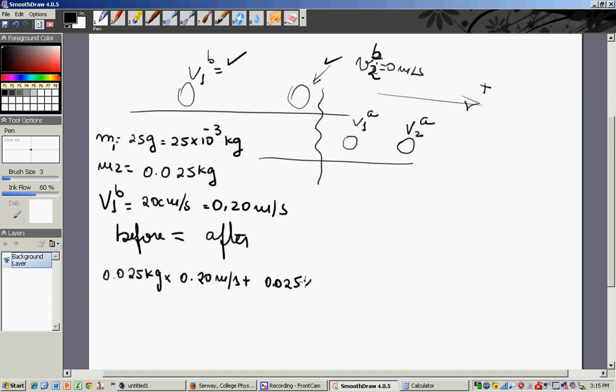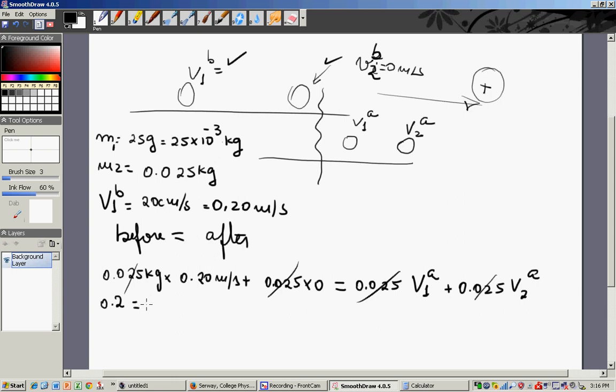This is equal to m1 times v1 after plus m2 times v2 after. See, I don't know the direction of those balls. I don't know if they will carry a positive sign or not. So since I don't know, I just leave it that way. And the mass can be simplified. So 0.2 is the first equation I get: 0.2 is equal to v1a plus v2a.